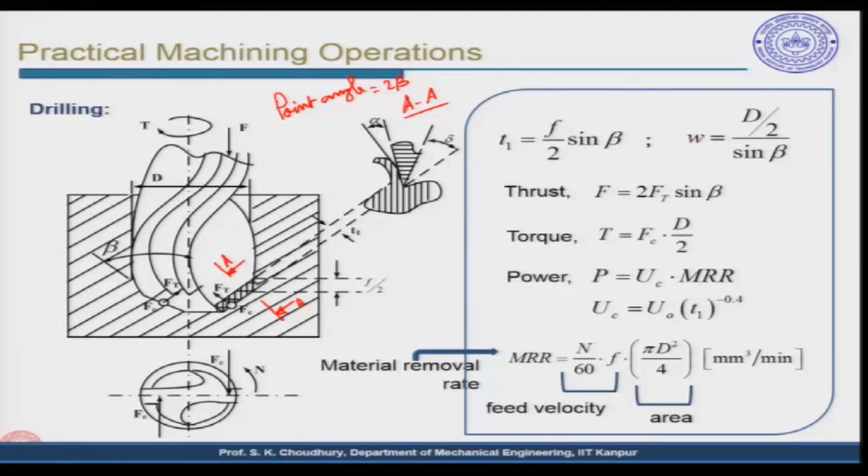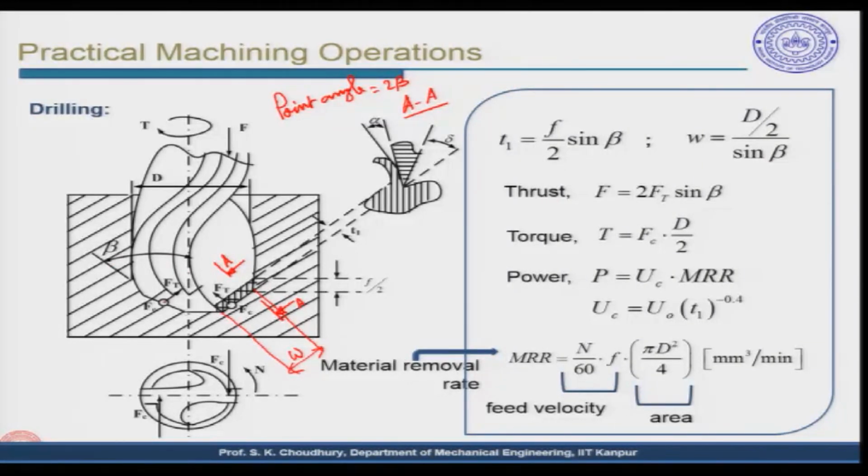Now, W, which is the width of cut, is how much width we are removing, and this is given by d by 2 divided by sine of beta. Beta is once again the point angle by 2.